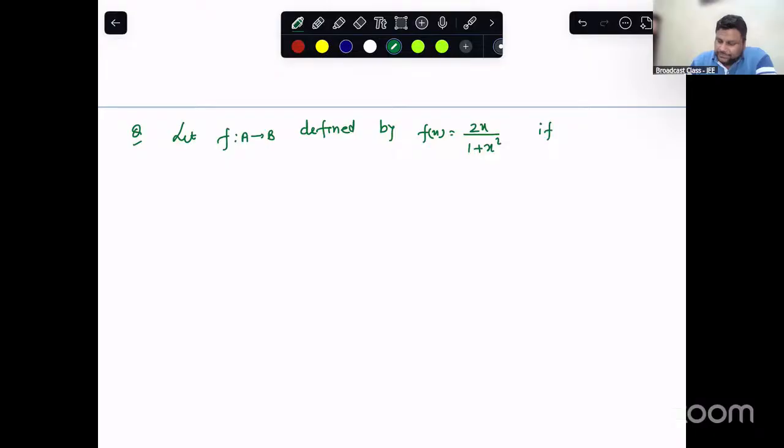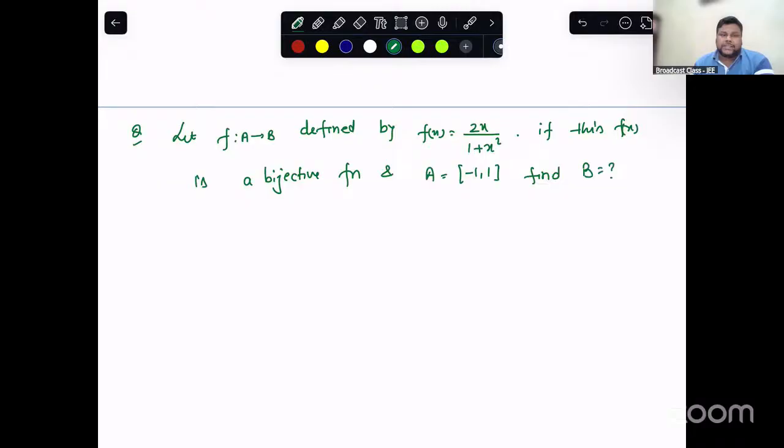If this f(x) is a bijective function and A is -1 to 1, then find B.